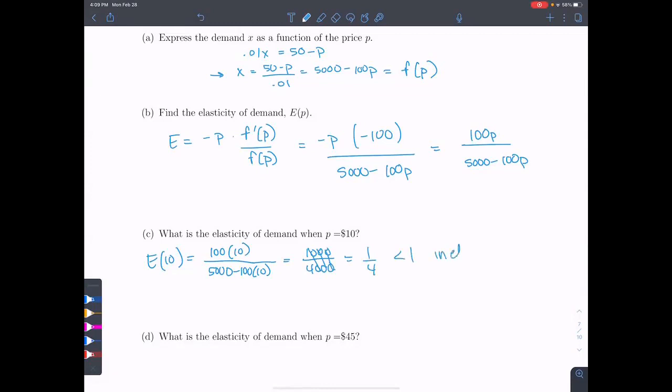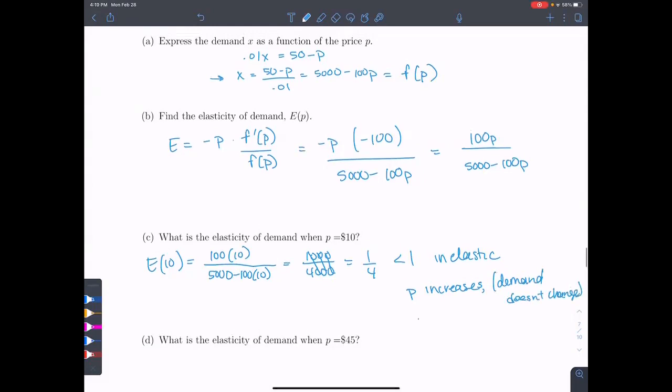So this is inelastic. So that means when price increases, demand does not change much because it's inelastic. So that means that revenue will increase as well.